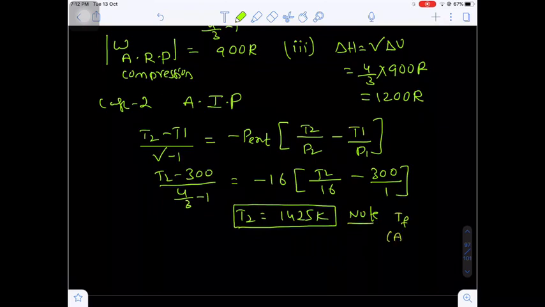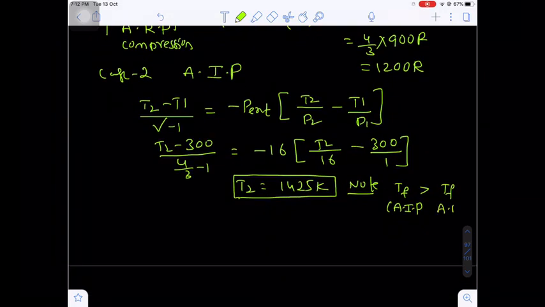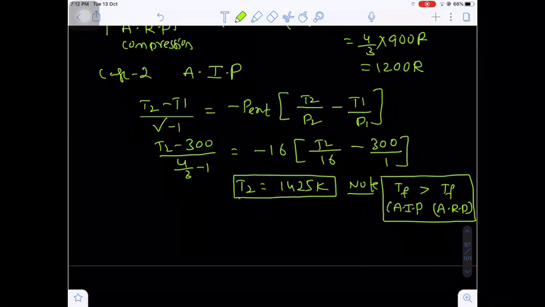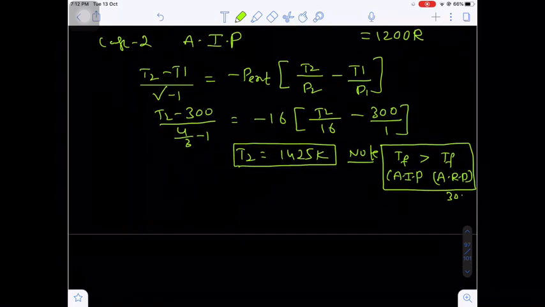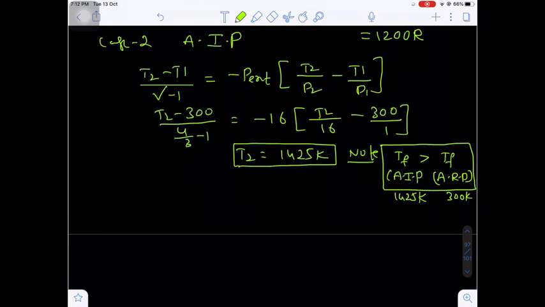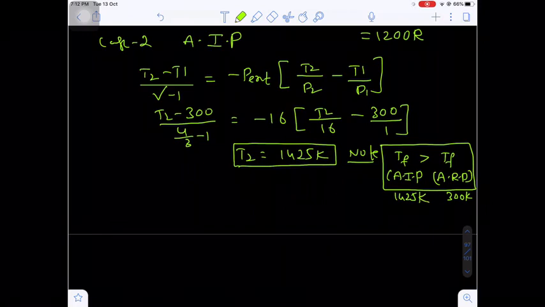The final temperature in the adiabatic irreversible process is always greater than the final temperature in the adiabatic reversible process. Yes or no? Whether the process is expansion or compression, no matter. Are you getting my point? What is the initial temperature given? 300 Kelvin. Now what is the final temperature we get here? 1425 Kelvin. Okay. This statement is very important.